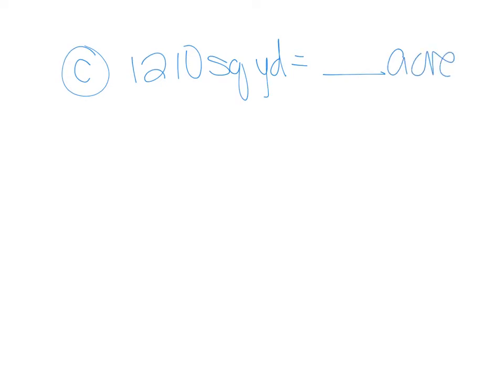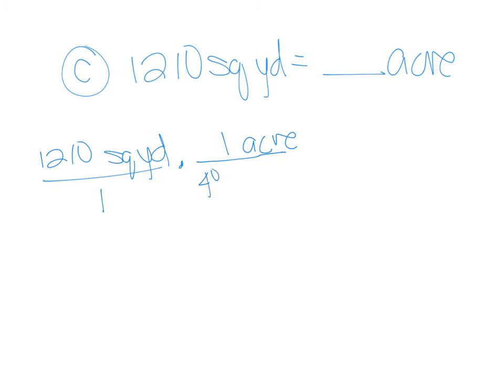So in part C, we have 1,210 square yards, converting to acres. So you can pause the video here and try this problem on your own. I'm going to go ahead and go through this. So we have 1,210 square yards over 1. We're going to multiply that by 1 acre over 4,840 square yards.